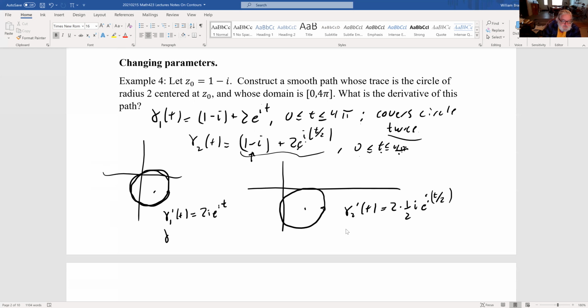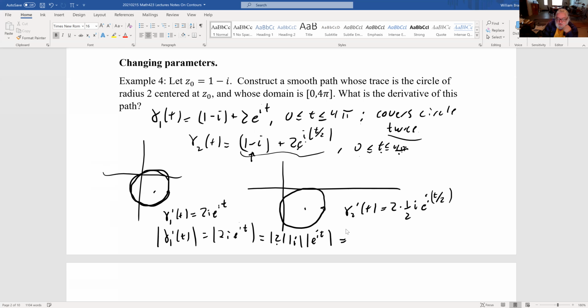What's the modulus of gamma 1 prime of t, right? And the modulus is your speed, it's how fast you're going around there. The modulus of 2i e to the it, and that modulus can be broken up into the modulus of each piece.